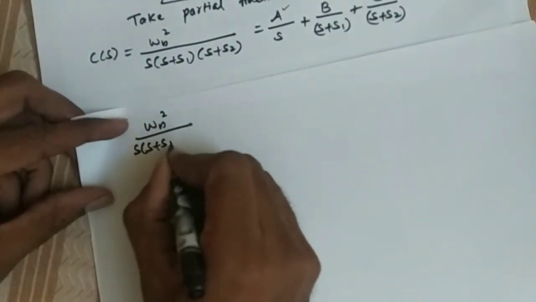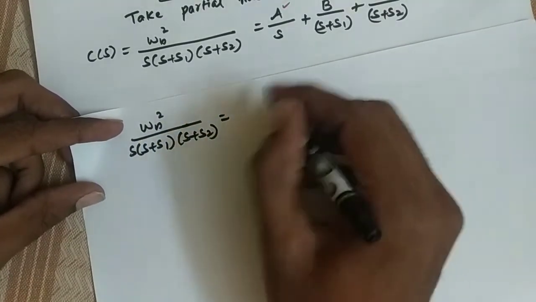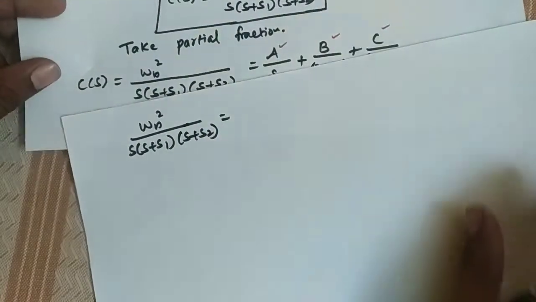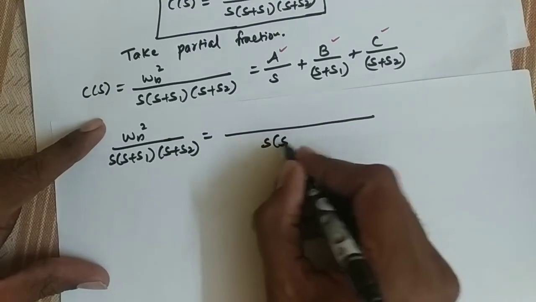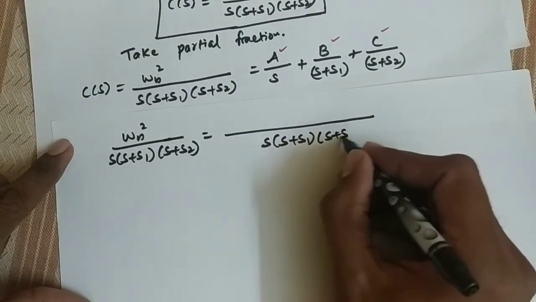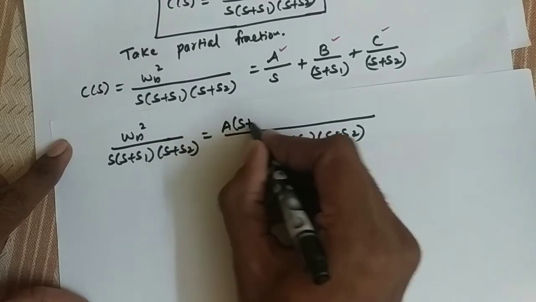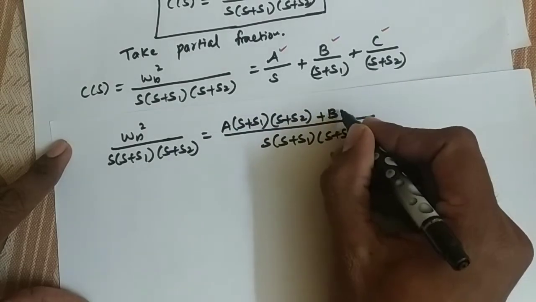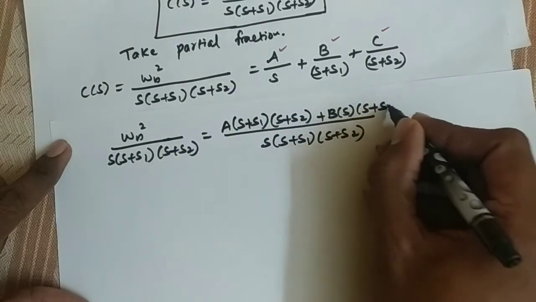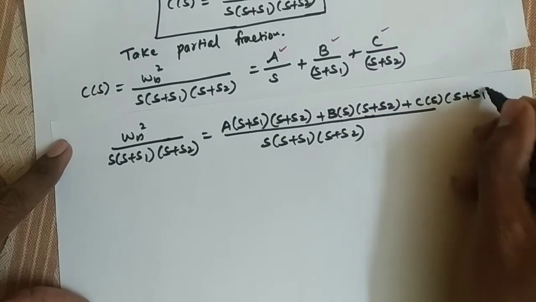S into s plus s1 into s plus s2 is equal to, taking the LCM over the polynomial, A into s plus s1 into s plus s2, similarly B into s plus s2, plus C into s plus s1.